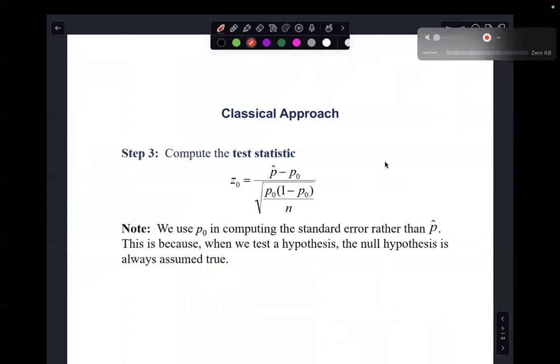Okay, next. This is our classical approach. We're going to calculate the test statistic. The test statistic is the z-score that we find with our sample. That's what that word means.